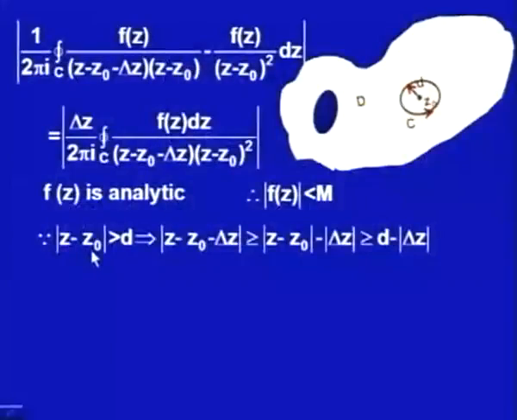Now, any point z on this C satisfies modulus of z minus z naught greater than d. Here d is the smallest distance from z naught to this contour C. Then for any z on this contour C, modulus of z minus z naught would be greater than d.